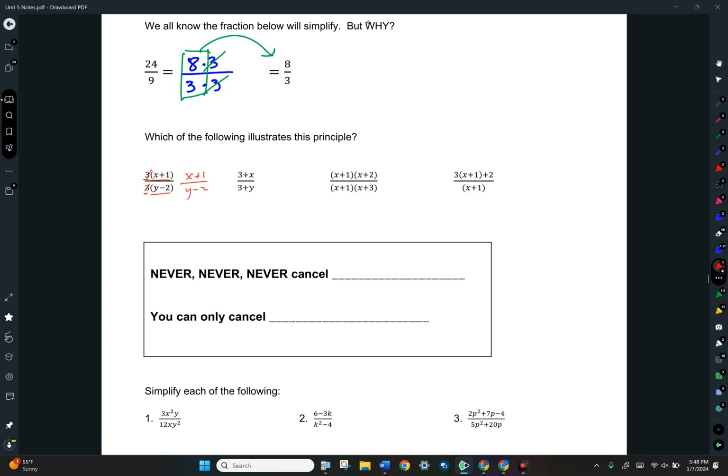That's fine to do. But look at the next one. It's not okay to cancel these 3's because they are terms. They're not factors. They're not being multiplied by x or multiplied by y. They're just being added. So you might say, well, if I can't cancel them, what do I do? And the answer is nothing. You can't do anything to that. You would just leave it.